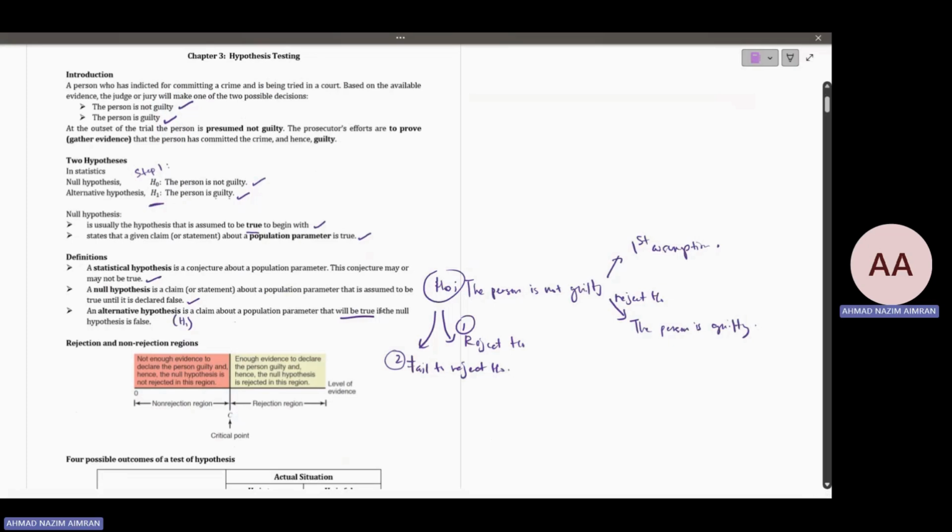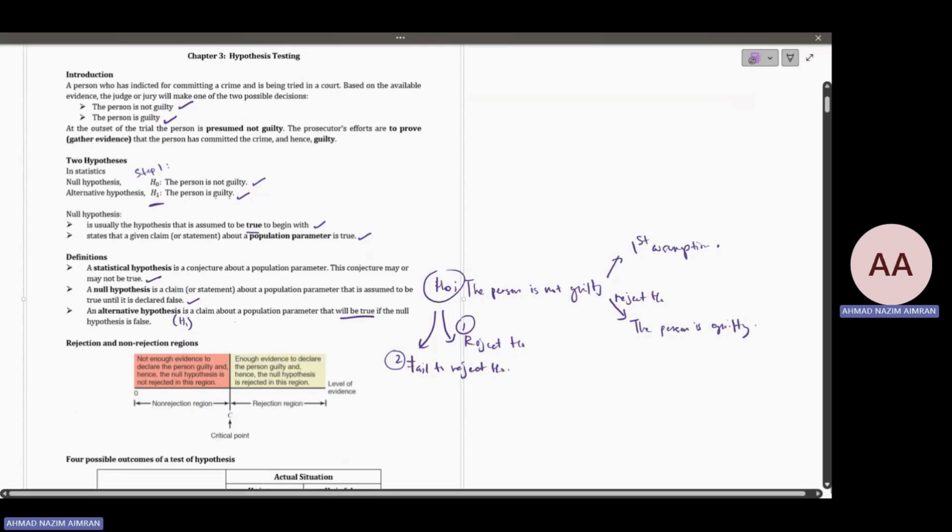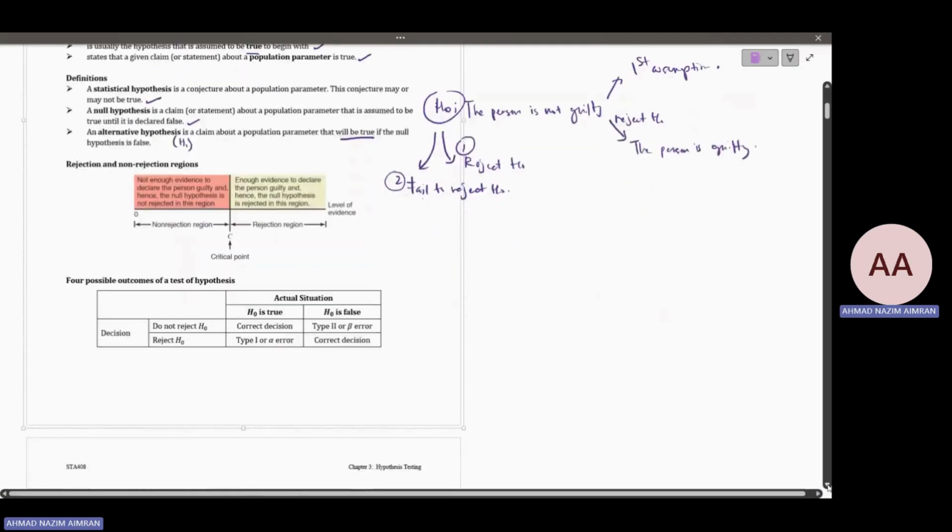So we can say that the alternative hypothesis is dependent on the null hypothesis. If the null hypothesis is true, then the alternative hypothesis is false. If the null hypothesis is false, the alternative hypothesis is true. But in the conclusion, still, there are only two types: reject the H null or fail to reject the H null.